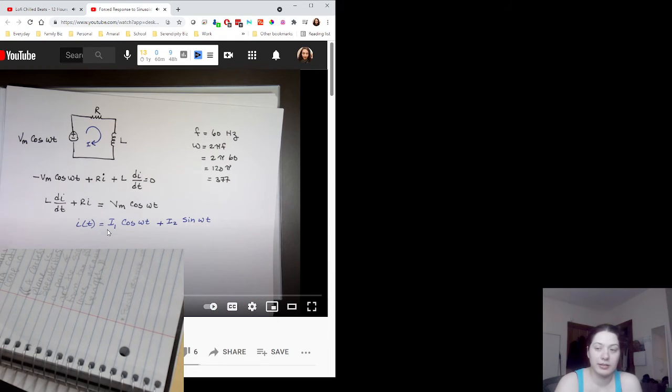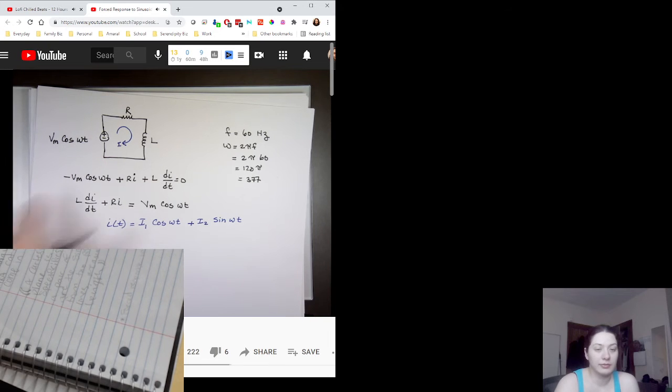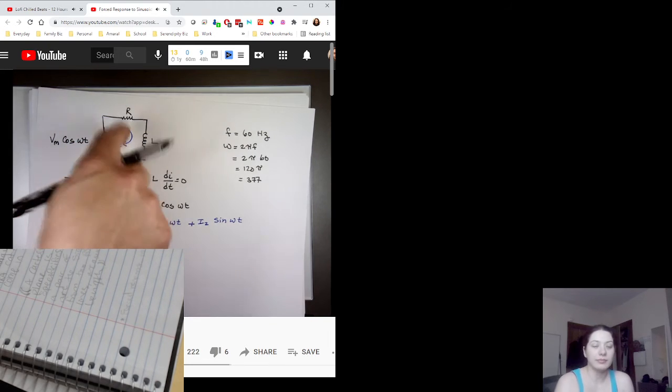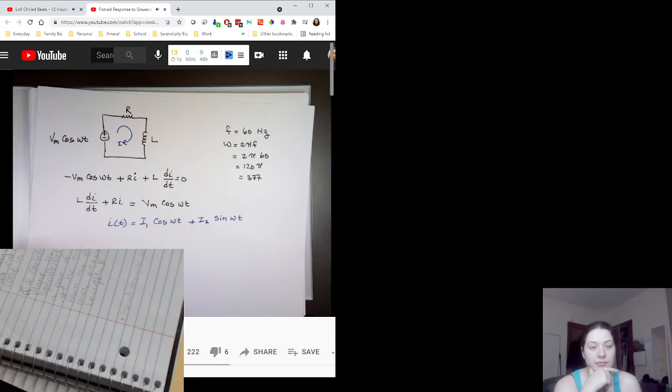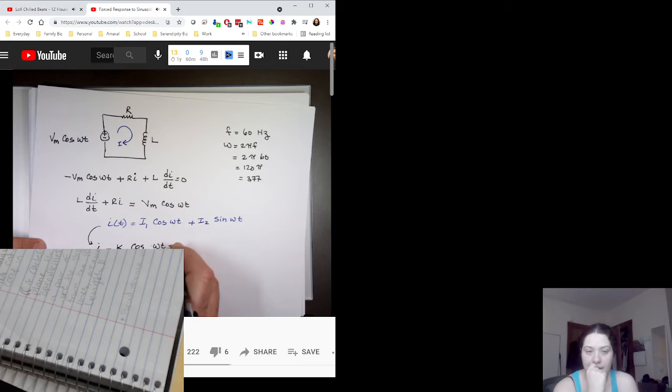So where did this come from? Well, we found out that when you apply a cosine function, the voltage, the current will have a cosine function, but will have a phase shift. So for example, I'll show you where this equation came from. Your current might have some value like this, some constant in the front, will be the same W. The W doesn't change, but it's going to have a phase shift to it.